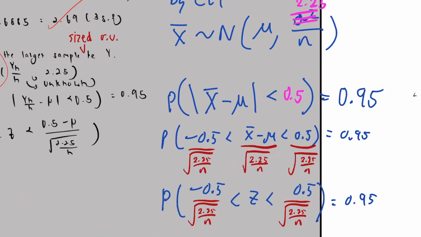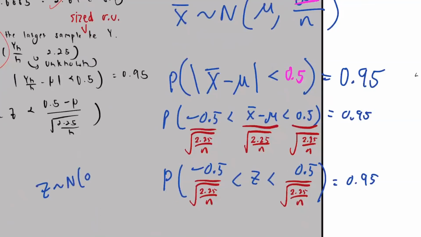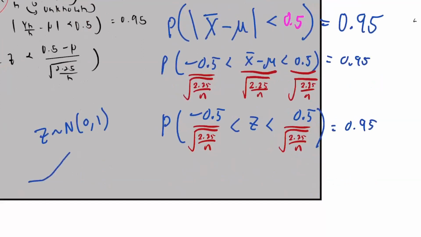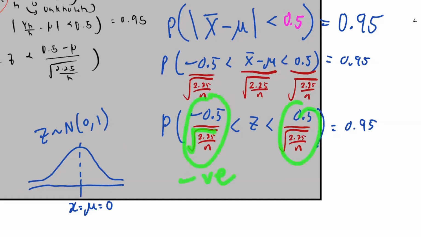Okay, now this is z, where z follows what? N(0, 1). How does the graph look? Symmetrical about the mu, the zero. Mu equals 0. Very good. So this is 0. Then what do we want? We want it to be in between negative 0.5 over square root something and positive 0.5 over square root something. By definition, the square root is always a positive value. So this fraction is negative, this fraction is positive.